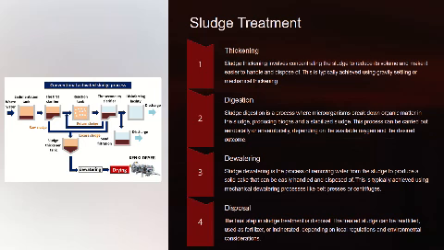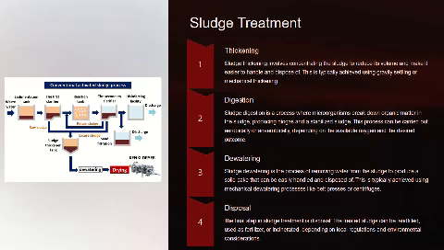The second thing is digestion. Sludge digestion is a process where microorganisms break down the organic matter in the sludge, and they produce biogas in the process, right? The process can be carried out aerobically or anaerobically, depending on the available oxygen and the desired outcome.